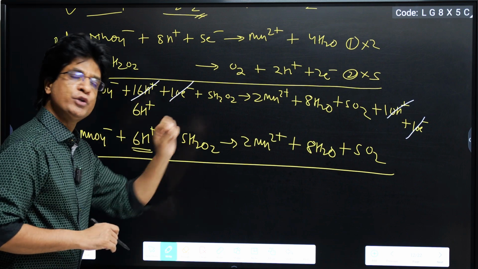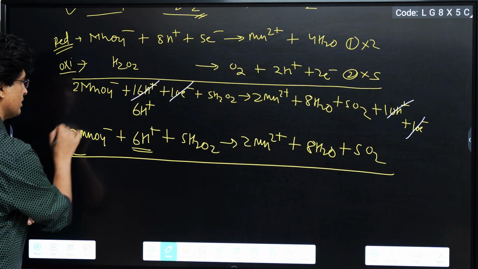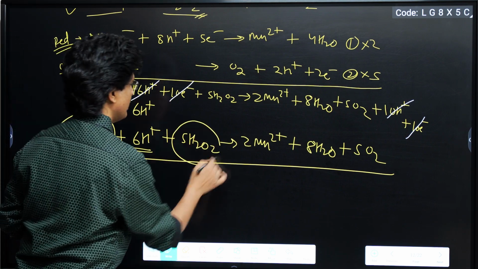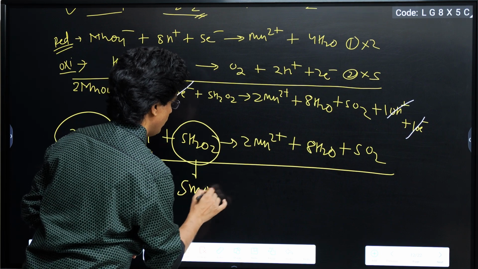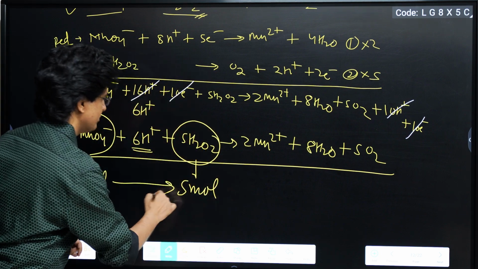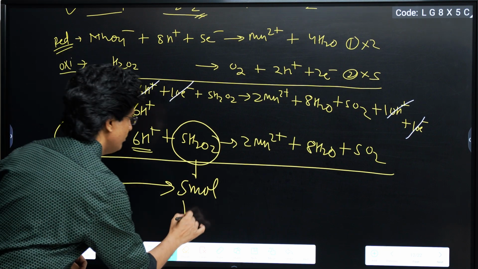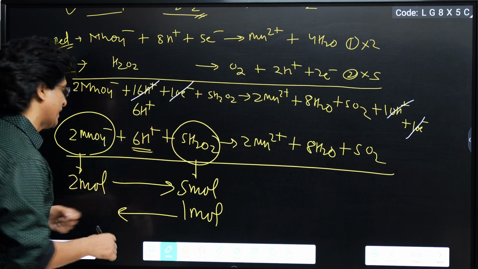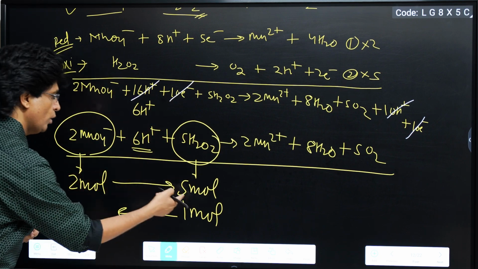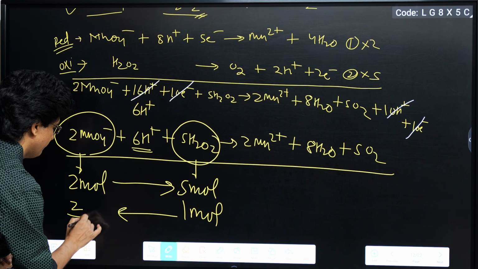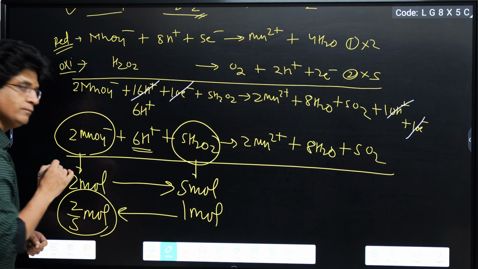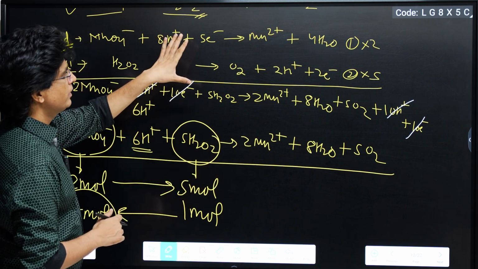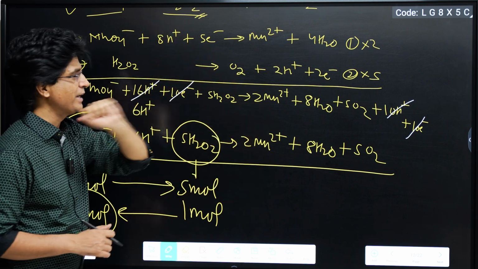Acha, they can even ask you numericals, like: this equation shows that 2 moles of permanganate will react with 5 moles of H2O2. 1 mole of H2O2 will require how many moles of permanganate ion to get oxidized? So 5 requires 2, 1 will require 2 by 5 mole. Yes or no? So these kinds of questions they will be asking you. So be very careful and keep track of the number of electrons, how to balance them.